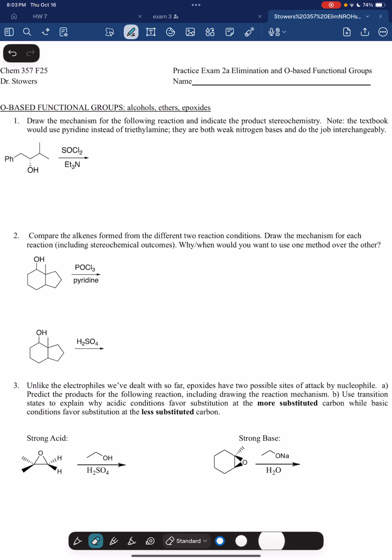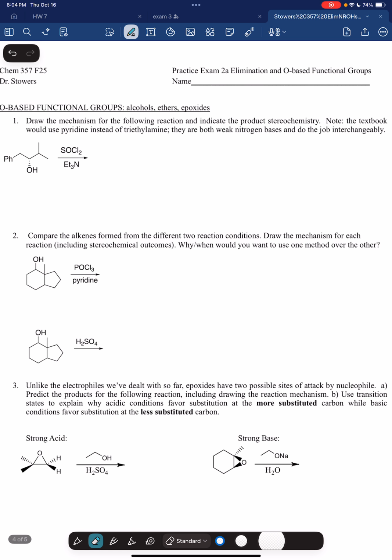Draw the mechanism for the following reactions and indicate the product stereochemistry. Note the textbook would use pyridine instead of triethylamine. They're both weak nitrogen bases and do the job interchangeably.